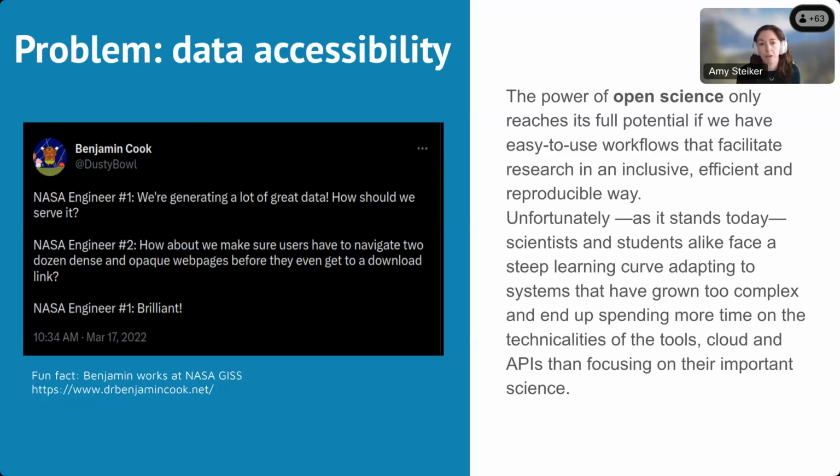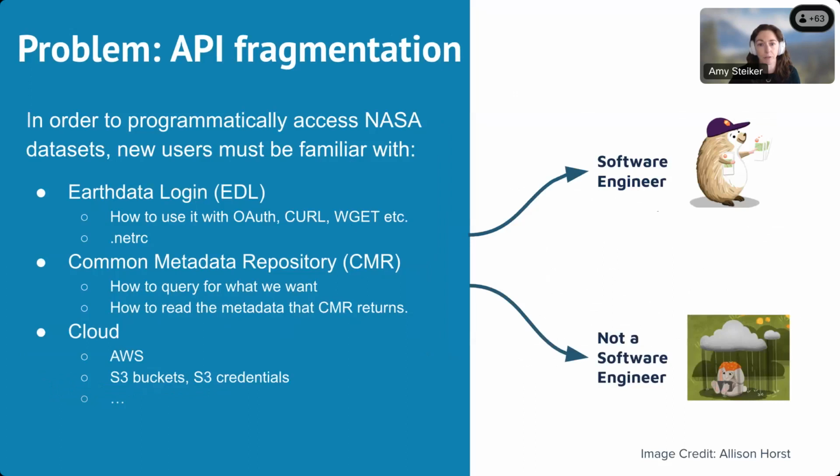Of course, we know that moving to the cloud has added an additional layer of complexity, adding a whole new ecosystem and tool set that can be challenging for users to learn. This is pretty well established at this point. I don't think this is really news or needs a lot of explaining.